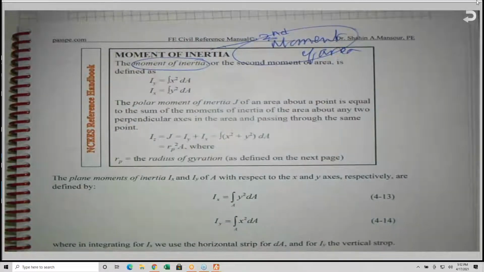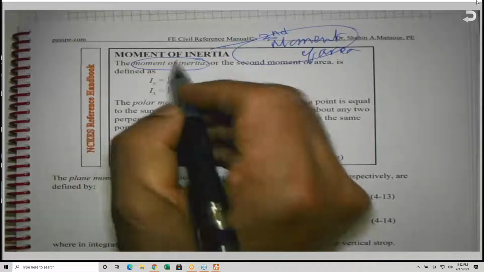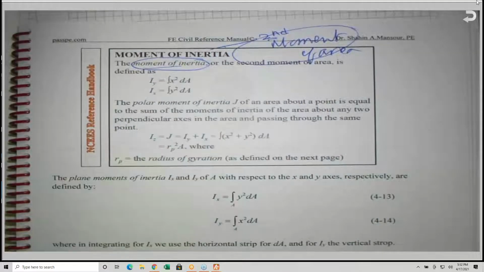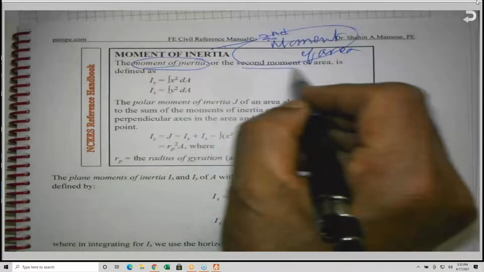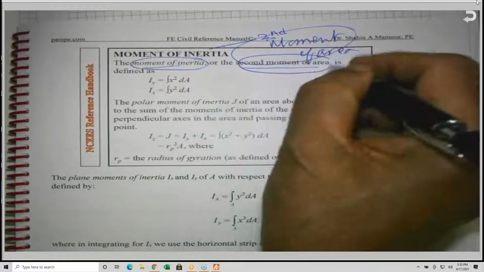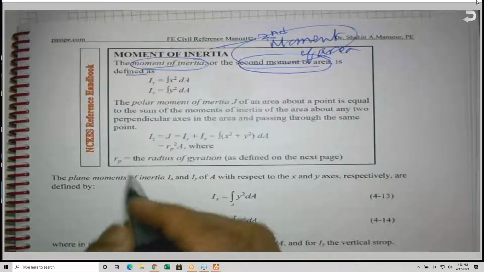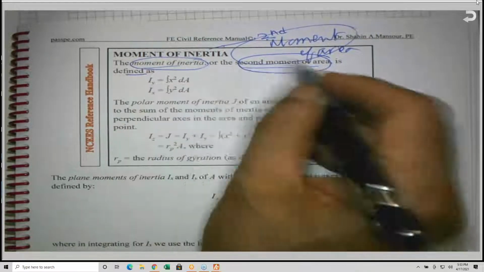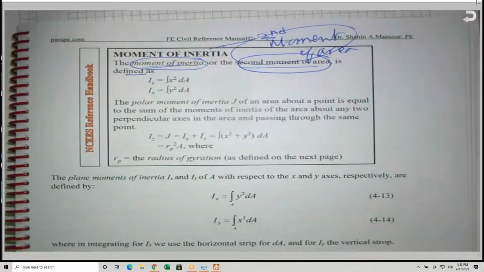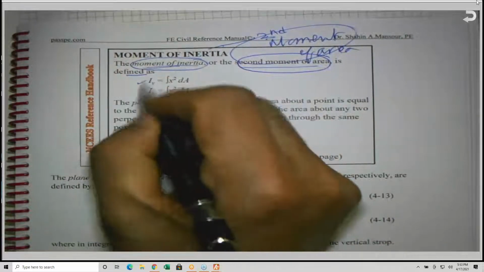We're going to see it. It's called Q. Okay, so for the moment of inertia, let's stick with the name that's given in the NCEES, or the second moment of area. Here it is defined with the moment of inertia in italics like this, equal to Ix and Iy.